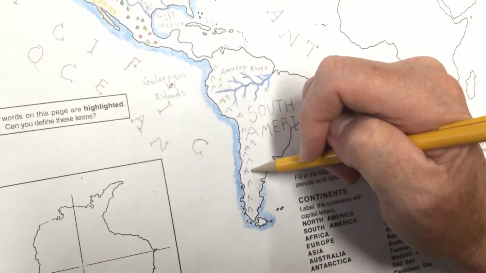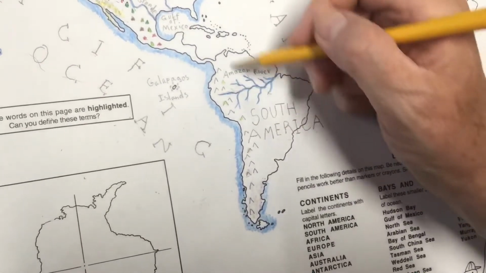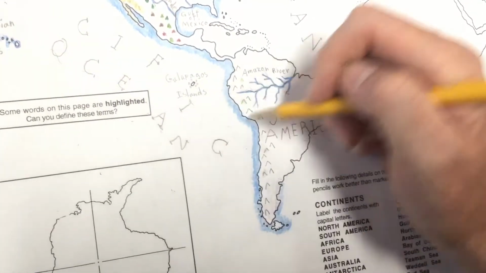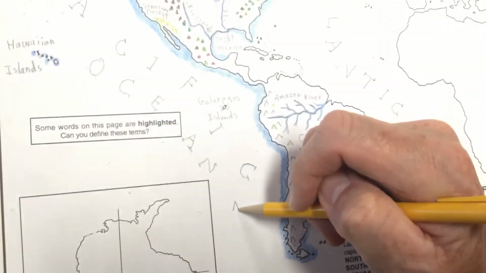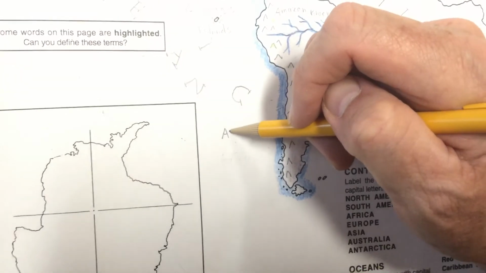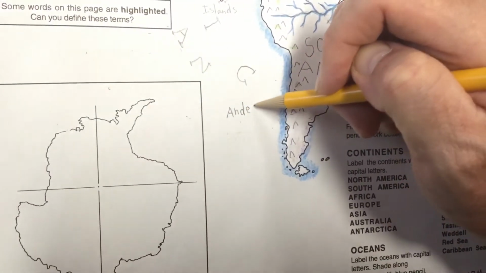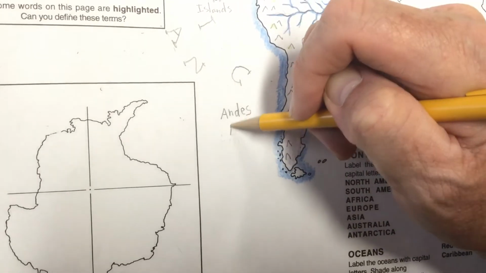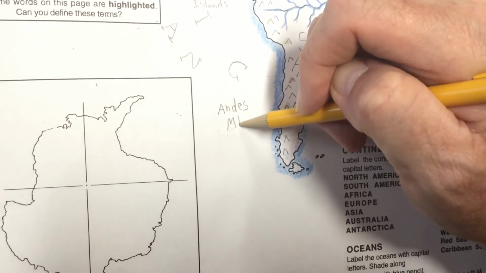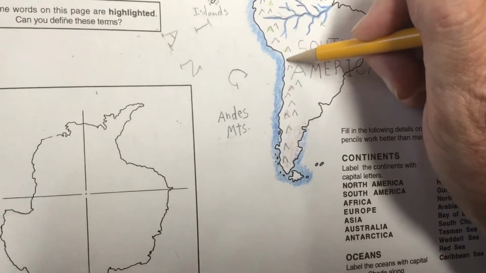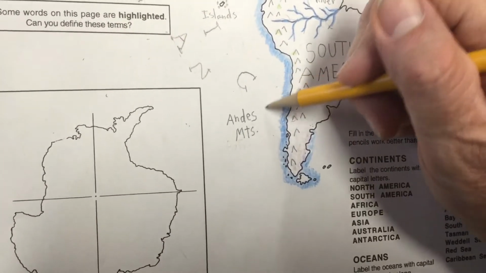Now, it's getting a little busy in here, so maybe I'll label it off to the side and put a little leader line. You can abbreviate mountains if you'd like. And let's just put a little line right to the middle of that range.